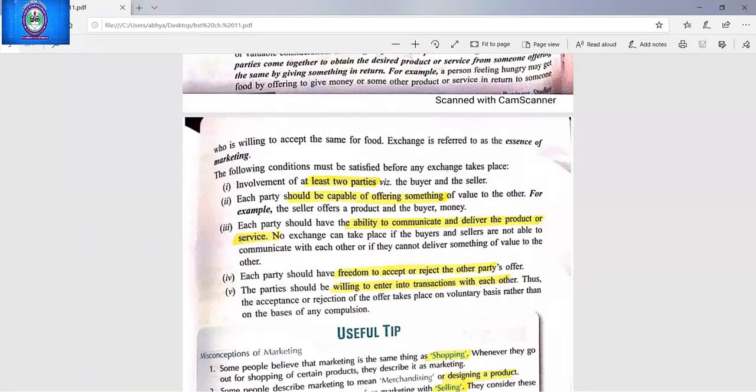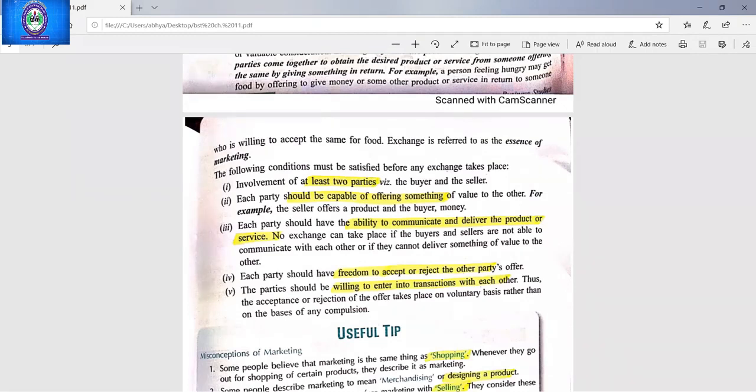So there cannot be an exchange. Third, each party should have the ability to communicate. Yes, the language which they are going to use must be understandable by both of the parties. So they must have the ability to communicate and deliver the product or the service. No exchange can take place if the buyers and sellers are not able to communicate, or if the language which they both are using is not understandable by each other.